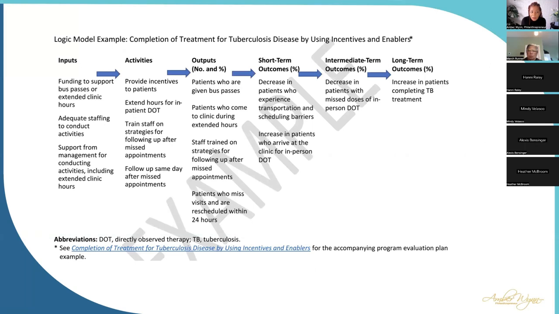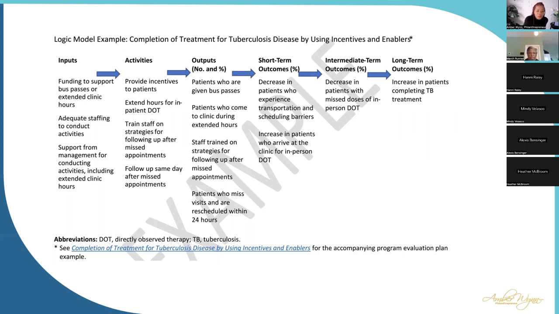Logic model example. I'm showing you these because I get this question all the time: which template should I use? A funder is rarely going to give you a template. They're just going to say, provide a logic model. This is simple: inputs, activities, outputs, short-term, intermediate. So you can see it doesn't have to have all the boxes. It just needs to make sense.